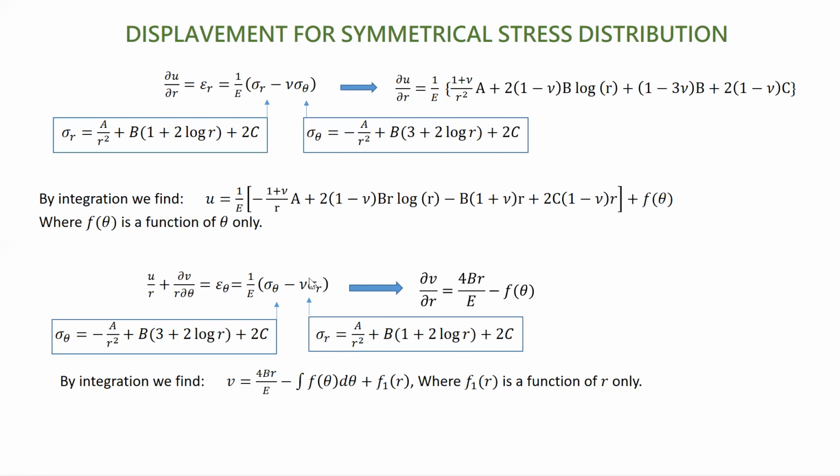Substitute the value of u into this equation, and we know that this is epsilon theta, so you have the values of sigma theta and sigma r. Again, similarly substitute here, and the value of u you can substitute from here, and eventually you get delta v over r is equal to 4Br over E minus f of theta.